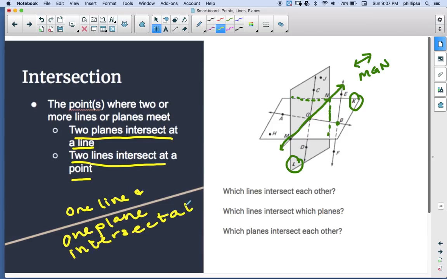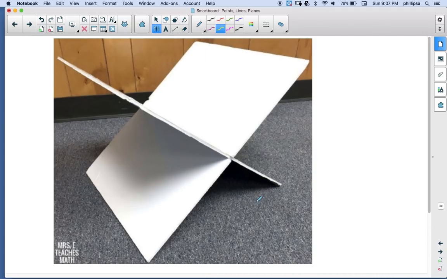Okay. I do have a diagram to kind of show you, just to give you an idea. So you could see that these are two, let's say, like a cardstock or a poster board, and one is probably cut, or both are cut, in a way that you can have them pass through each other. But both of these would be considered planes because they are flat two-dimensional figures, and they are intersecting each other at this line.